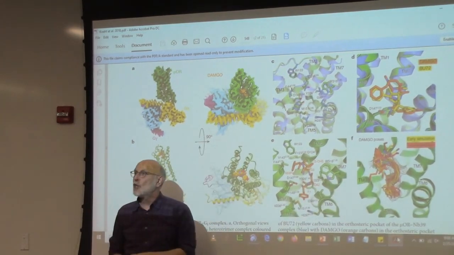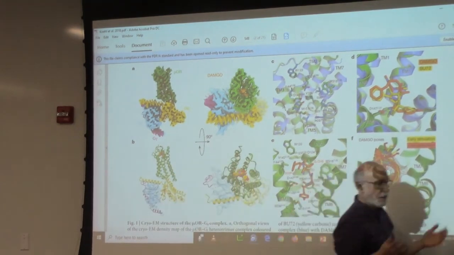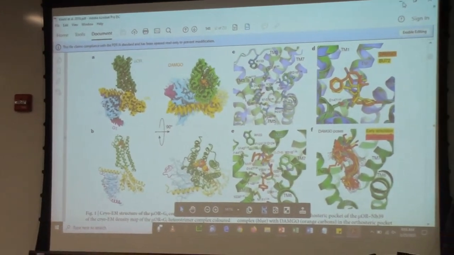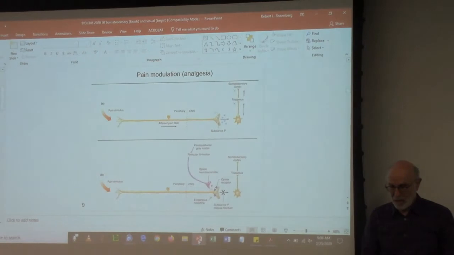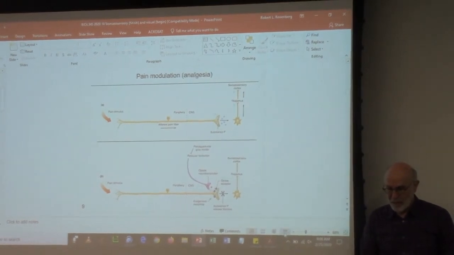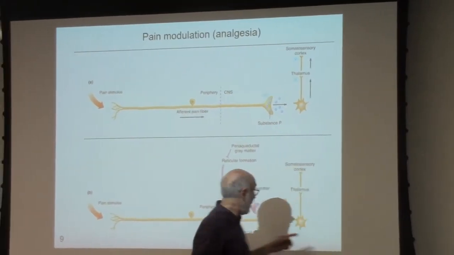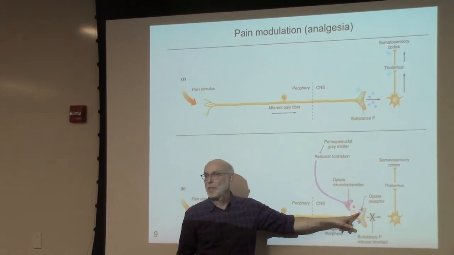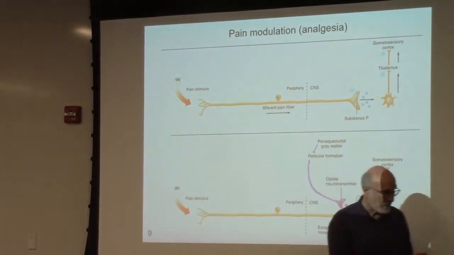There are other figures that show conformational changes of the receptor, etc. But remember that when I show a cartoon of a receptor that has a blobogram on it, there's a lot more than just a blob. Right? That's the point I'm trying to make.